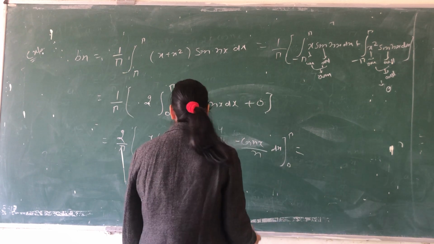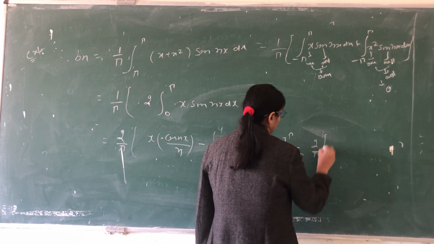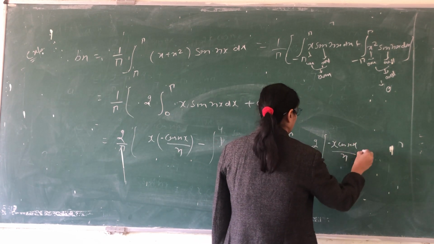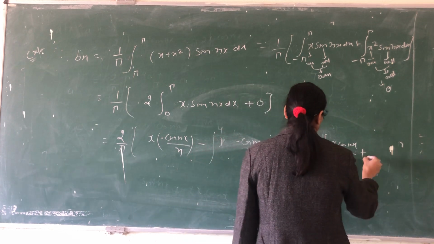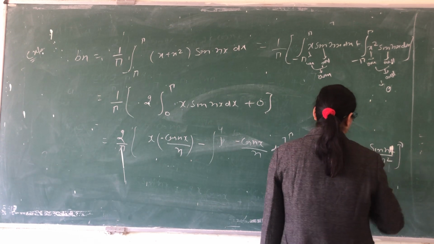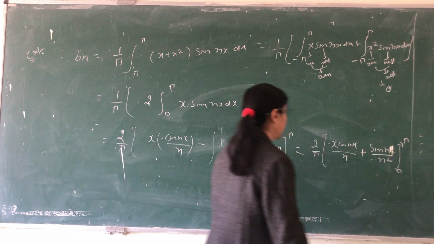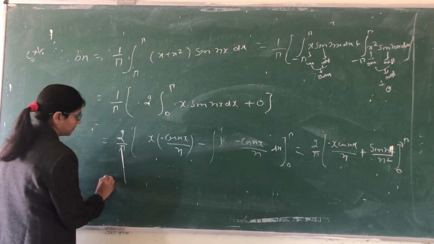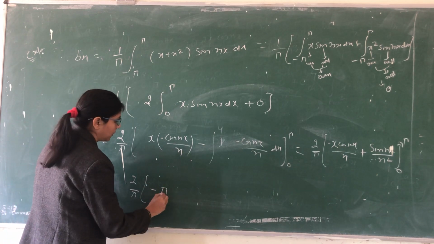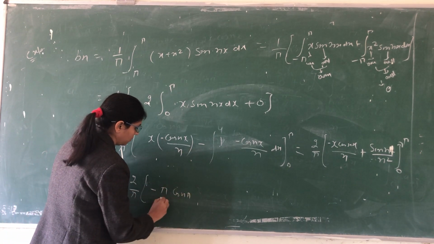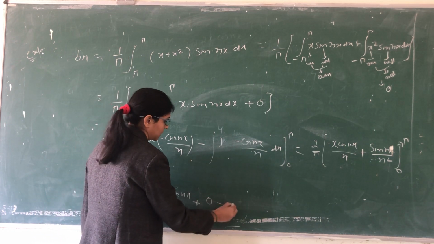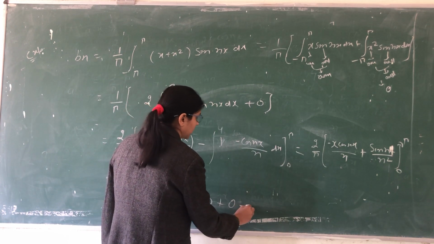It can be written as 2 upon pi of minus x cos nx over n plus sine nx over n square, the limits are 0 to pi. Now putting the limits, 2 upon pi, minus x is pi, cos of n pi over n, plus sine of n pi is 0, minus x is 0, so that is 0.